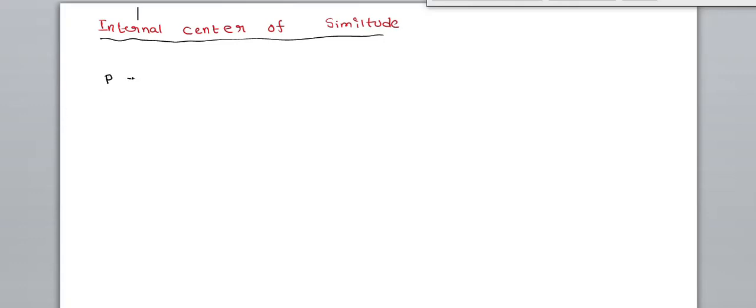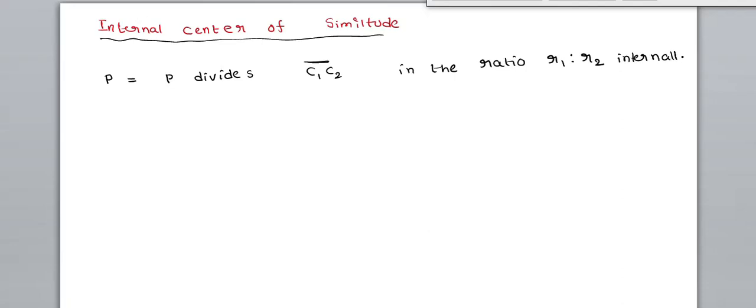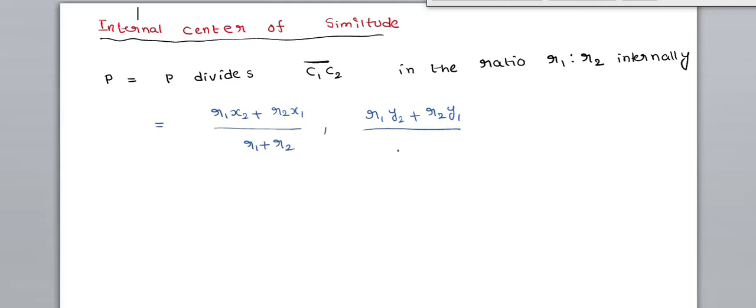So P divides the line segment C1C2 in the ratio R1 is to R2 internally. P is equal to R1 x2 plus R2 x1 by R1 plus R2, R1 y2 plus R2 y1 by R1 plus R2.